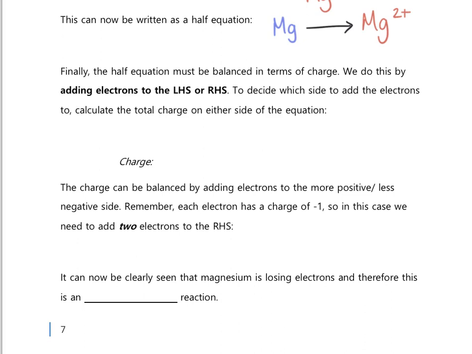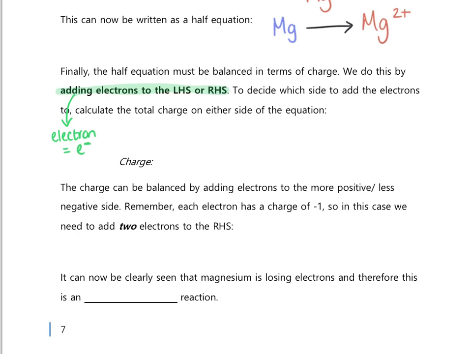We can see that it's balanced in terms of the atoms, but it's not balanced in terms of the charge, because magnesium has no charge on the left hand side, but has a charge of 2+ on the right hand side. And this is where we come back to our year 11 studies, and we remember that we balance a half equation in terms of the charge by adding electrons to the left hand side or right hand side.